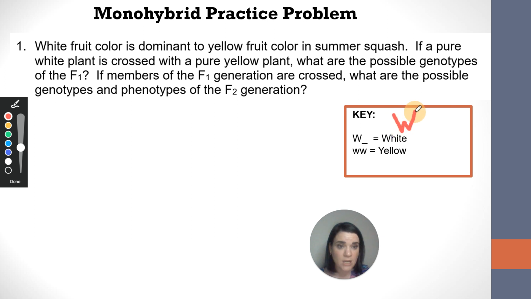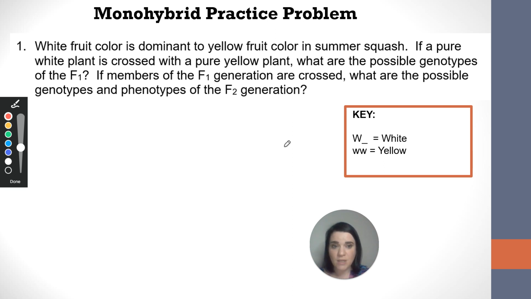So you technically could have big W, little w, or you could have big W, big W. Again, isn't that drawing tool just amazing? Okay, so that's what the W with the line underneath means. Whether it has a recessive or a dominant allele here, it is going to be white. So this is our key for the problem to remind us that the dominant allele is white, the recessive allele or version of the trait is yellow.